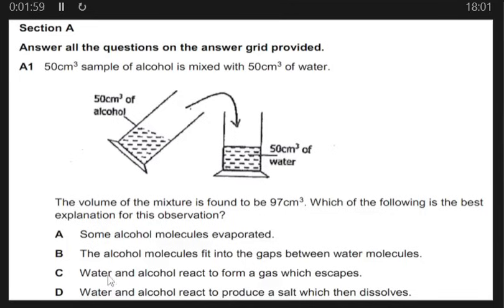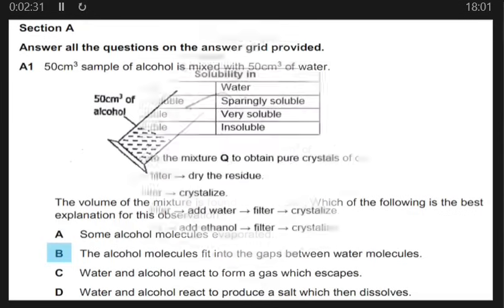So the best answer here is B. The reason why the volume didn't go to 100 cubic centimeters is that water molecules are large, so they leave spaces in between them, and molecules of alcohol are very small, so they had to fit into the spaces between the water molecules. That's why the volume did not reach 100, but went to 97 cubic centimeters. All right, so let's go to another question.